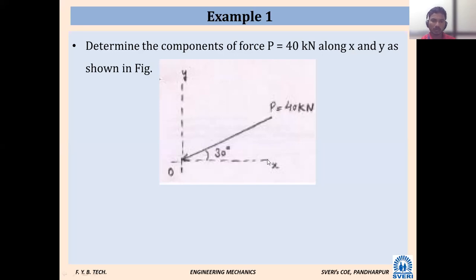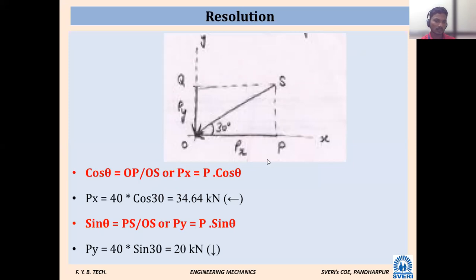Have you cross checked or not? Is it correct?